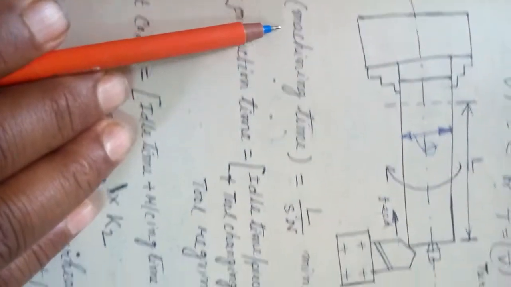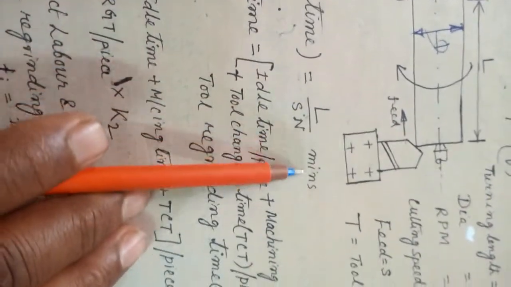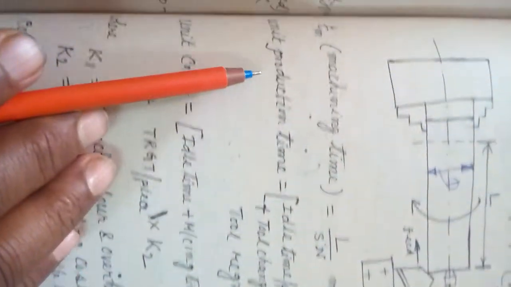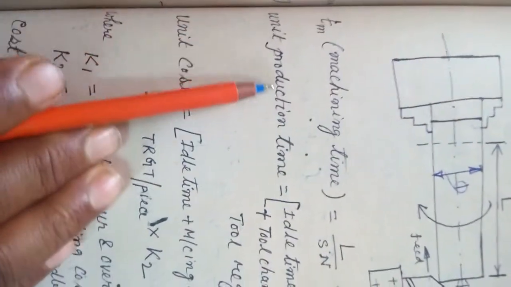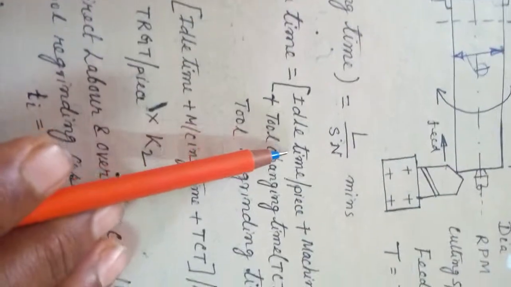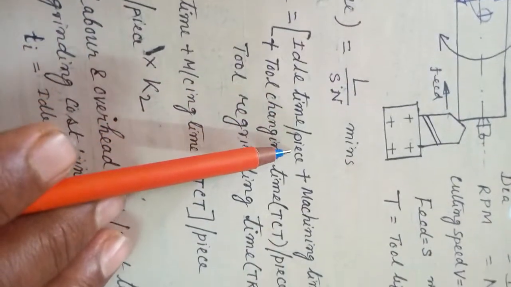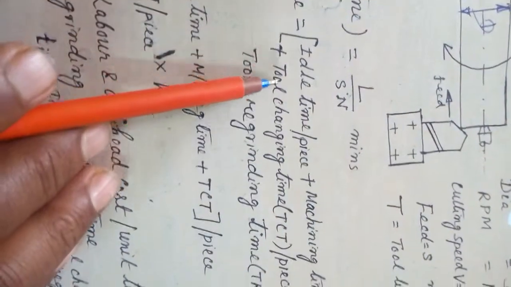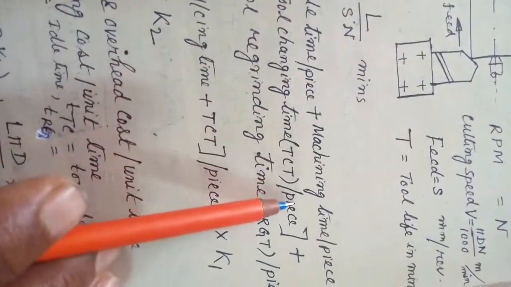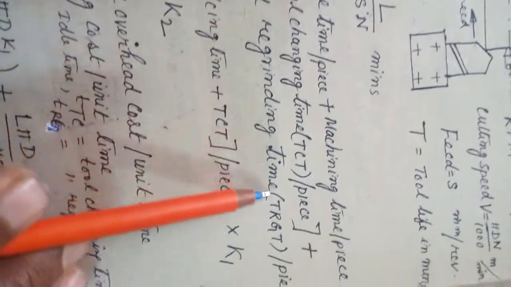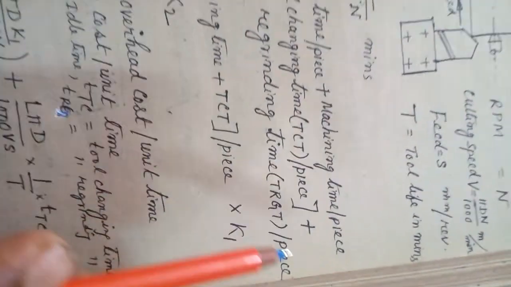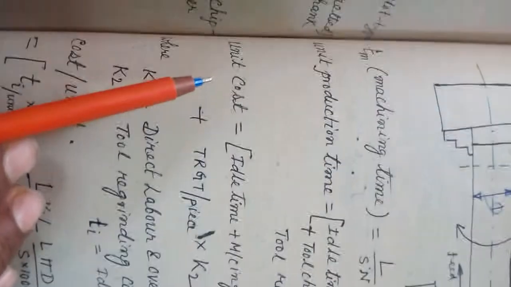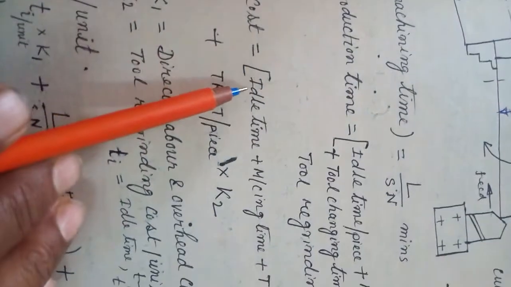Machining time TM. Unit production time. Unit cost.